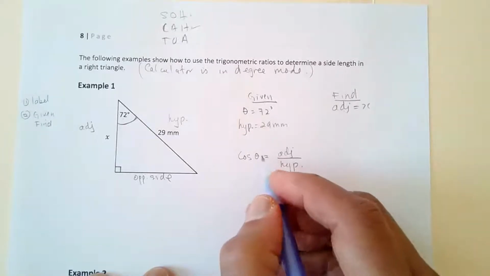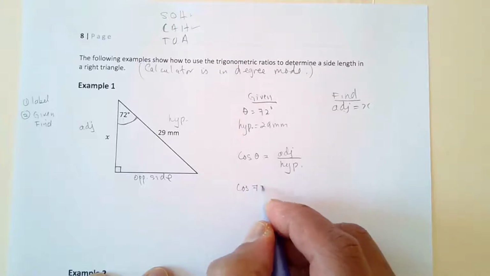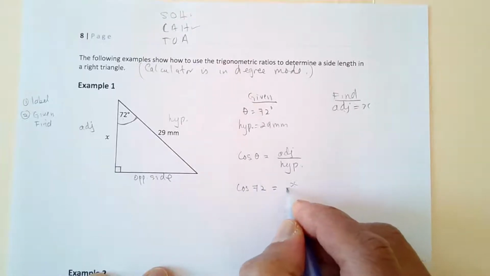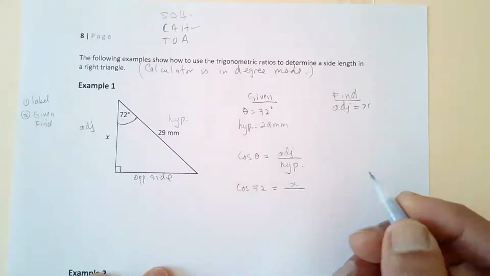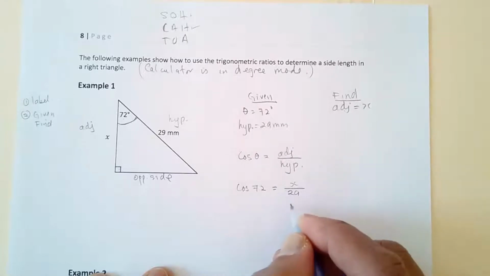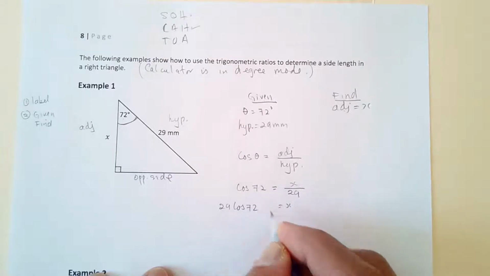So cosine 72 is equal to adjacent, which I don't know, with x, and a hypotenuse, which is 29. So x now is equal to 29 cos 72.